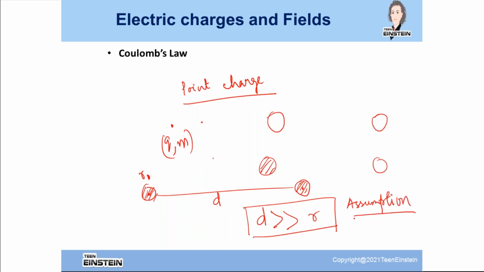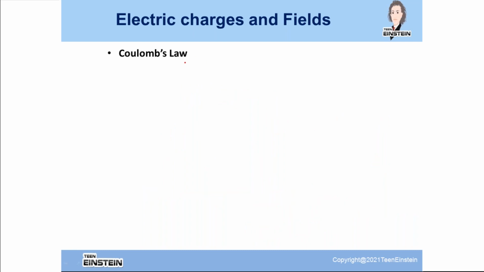He deduced the expression for the force between two charges, thinking of them as point charges, but later on it is applicable for any charge distribution, which we will see as you go along with this chapter. So how did he conclude, or deduce, this law?